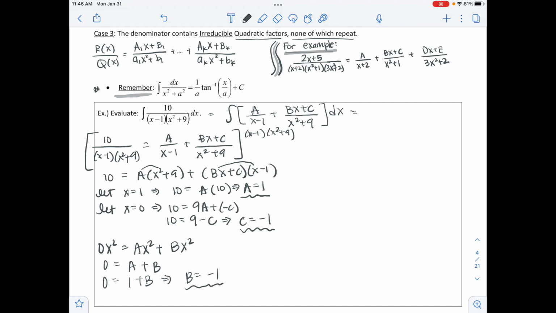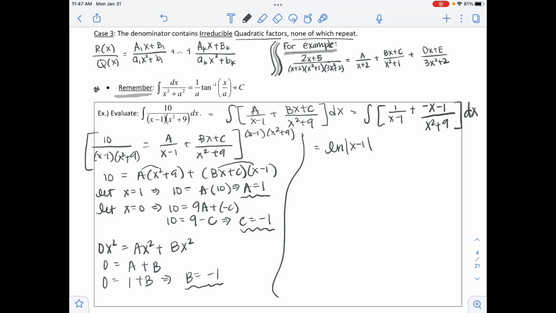So back up at the top, we're going to be able to rewrite our integral as a, which is 1 over x minus 1, plus bx plus c, and b is negative, so negative x plus c, or minus 1, all over x squared plus 9 dx. The first fraction that we have is just going to be able to be written as the natural log of the absolute value of x minus 1.